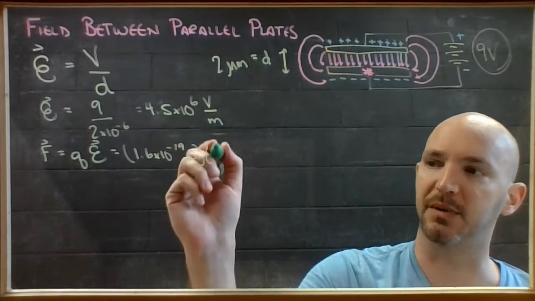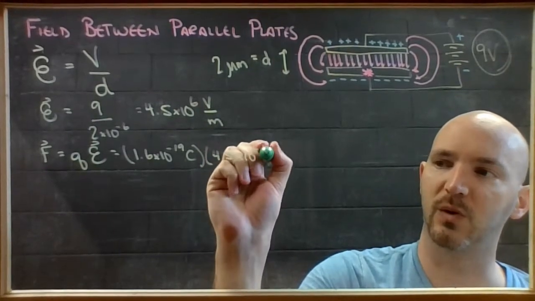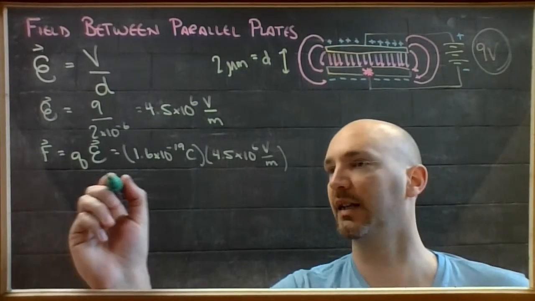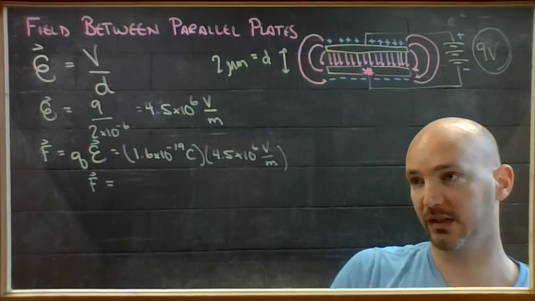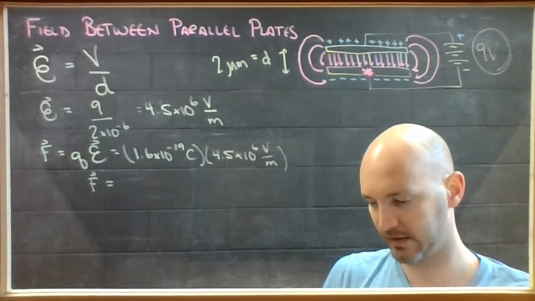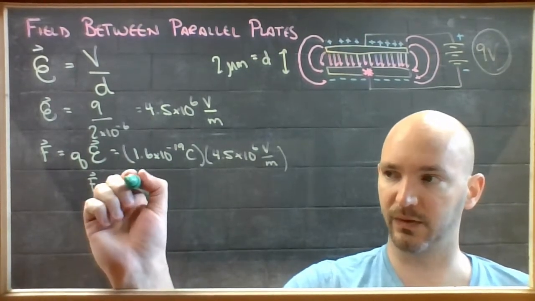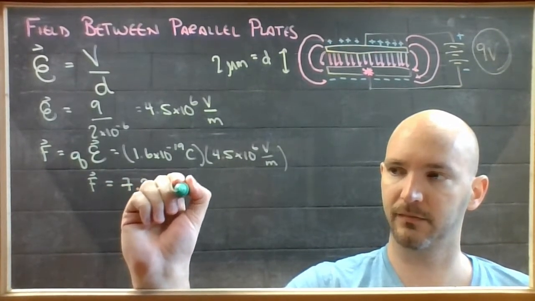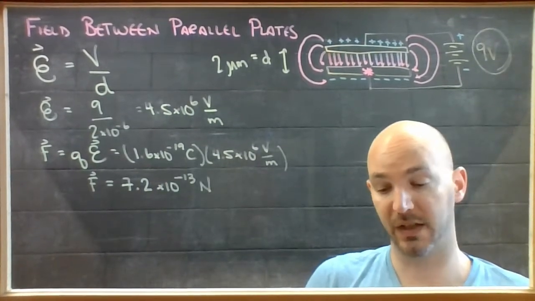And the field I'm experiencing is 4.5 times 10 to the 6 volts per meter. So if I work that out, the force should be that number times 1.6 times 10 to the negative 19. This would be 7.2 times 10 to the negative 13 newtons. Newtons because it's a force.